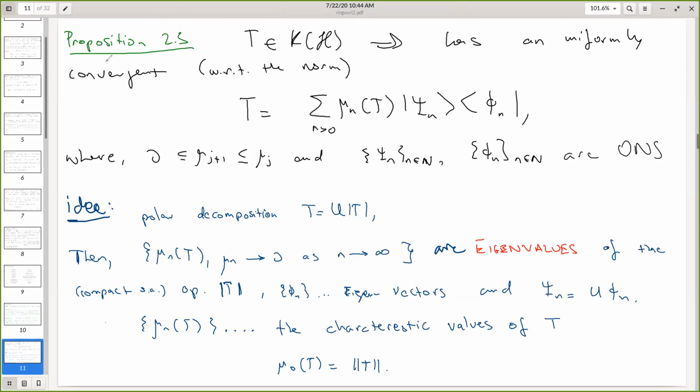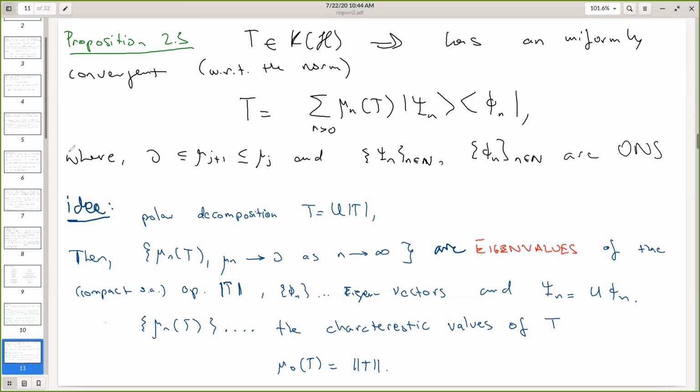Another proposition says the following: if T is a compact operator, it has a uniformly convergent representation with respect to the norm, given as T equals the sum of mu n of T psi n phi n, where the mu's are greater or equal than 0, and mu j plus 1 is less or equal than mu j, and psi n and phi n are orthonormal systems, not necessarily complete.